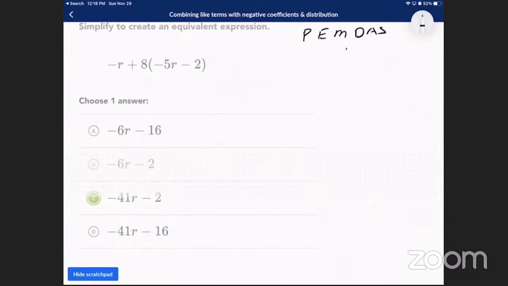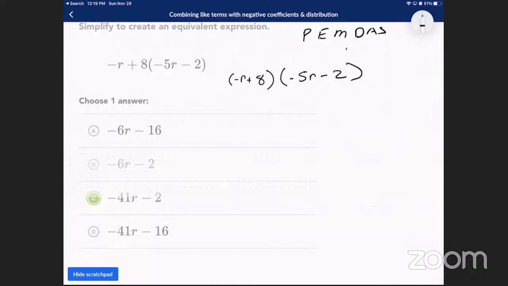We're going to start with working on the parentheses, but because we have this expression here, it is a multiplication expression, using the same combining like terms system.